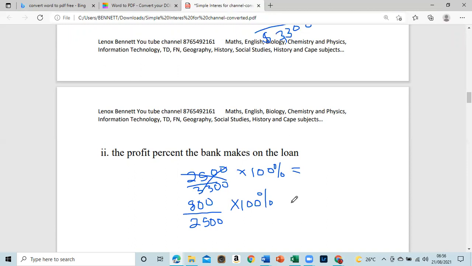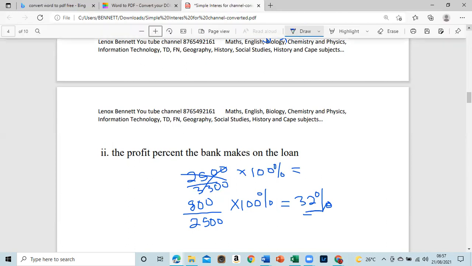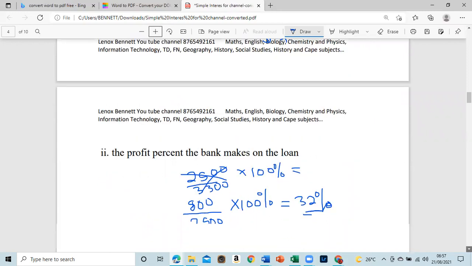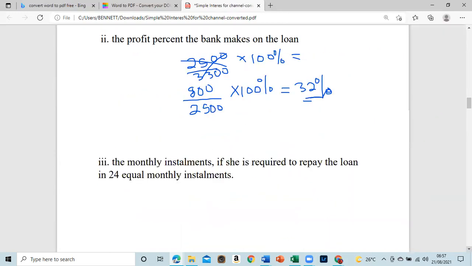So you get 32%. Large amount. So it's 32% profit. So the bank gains $800 basically. Thief, the banks are thieves.